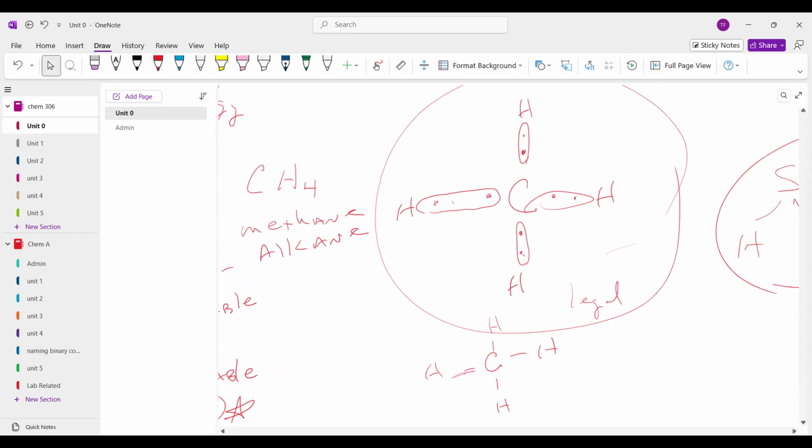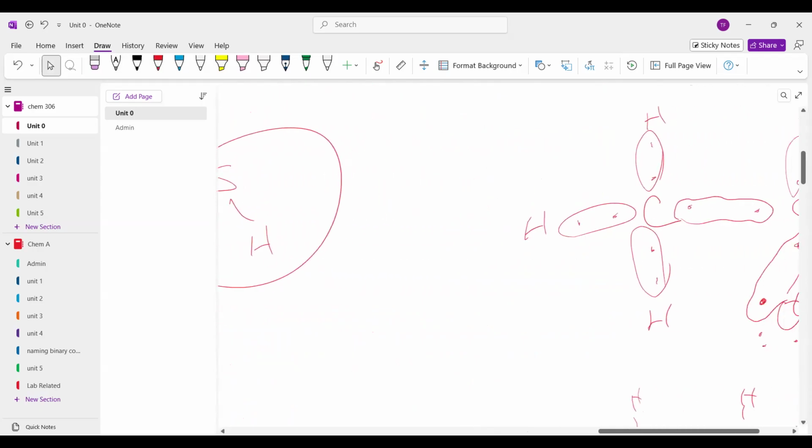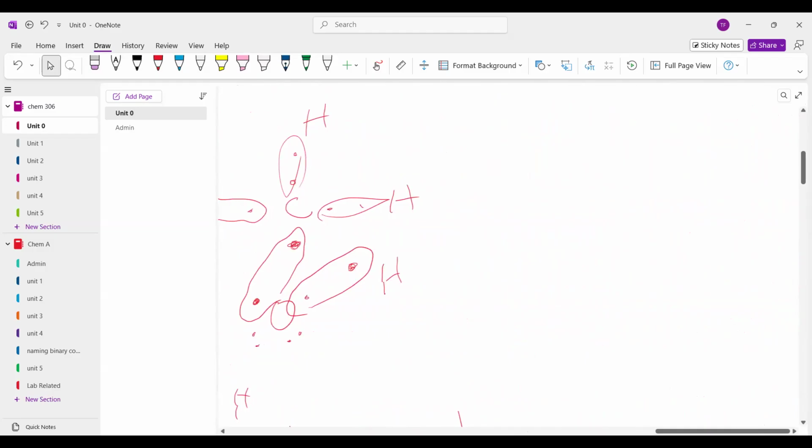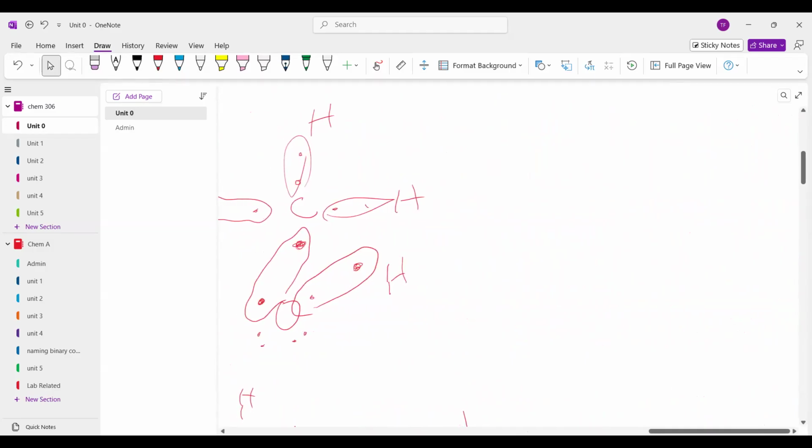Now, let's do a Lewis structure for that.